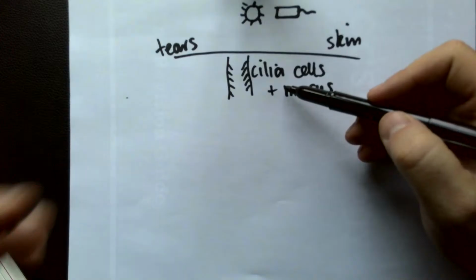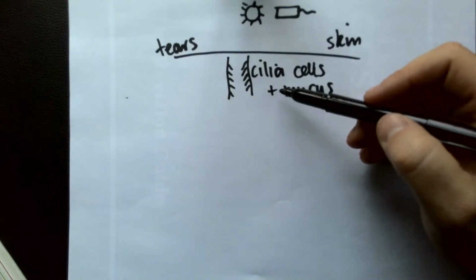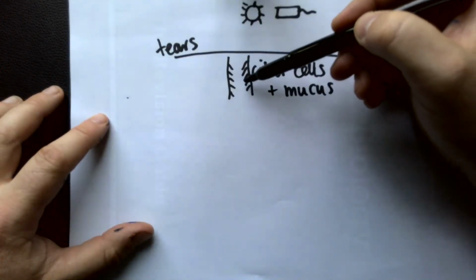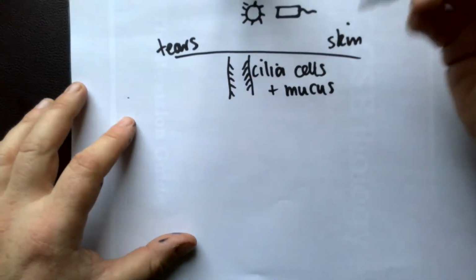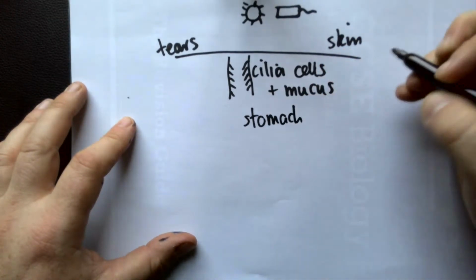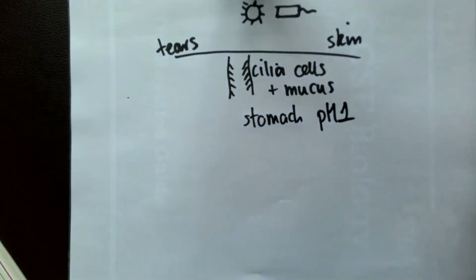The mucus in your nose and your throat will trap any microbes, so any bacteria and viruses are supposed to stick to that, and the cilia cells will sweep the mucus up your throat, whereby we swallow it into our stomach acid. Stomach acid has a low pH, which will kill almost all microorganisms.